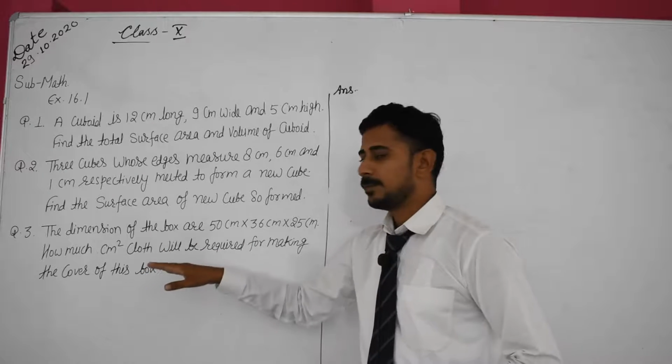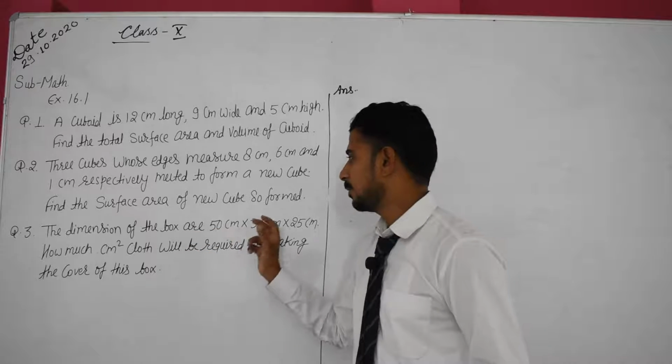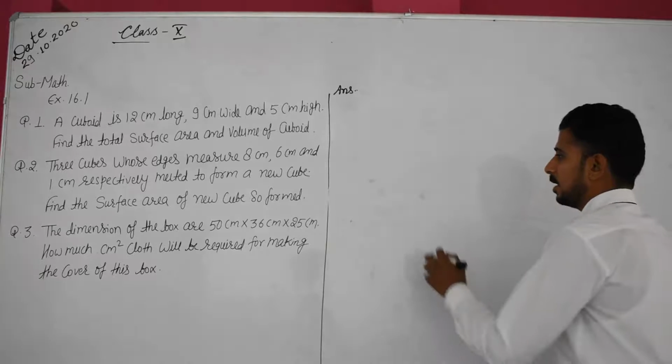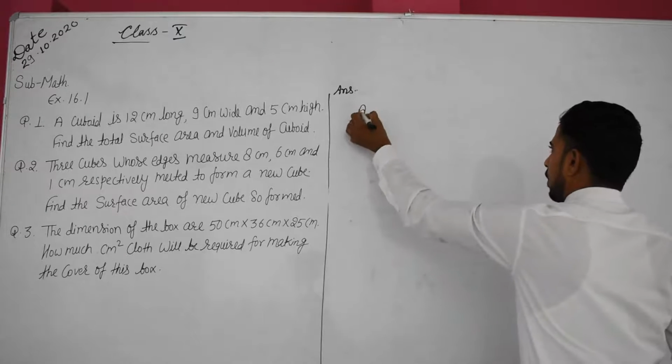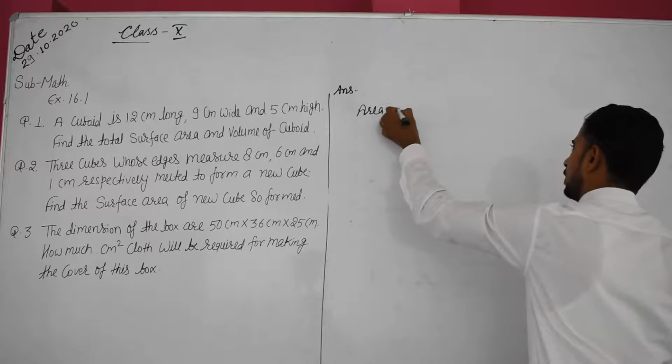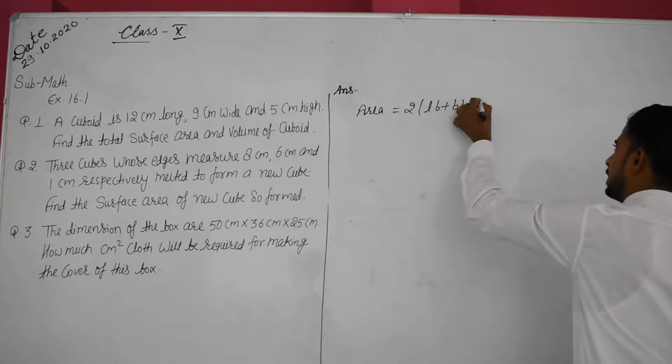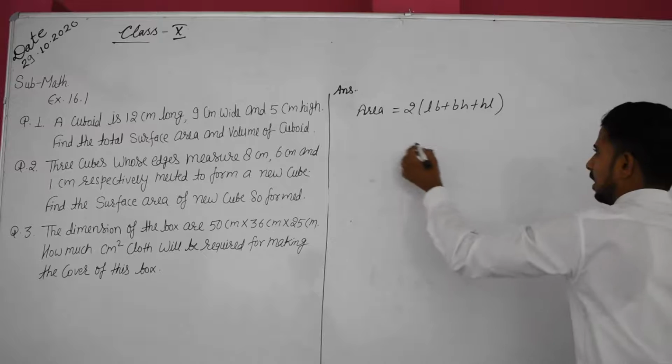Square centimeter means we want the area. We want the cover of this box, and this box is in cuboidal shape. Length, breadth and height are given. Then the area of the cuboid is equal to 2 into (LB plus BH plus HL).